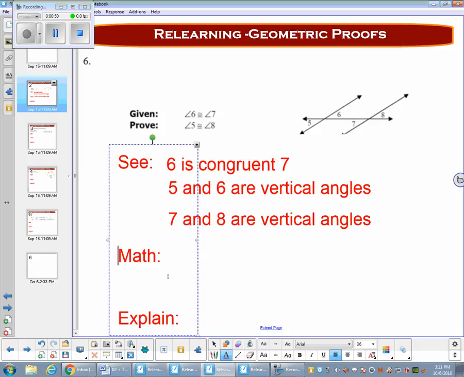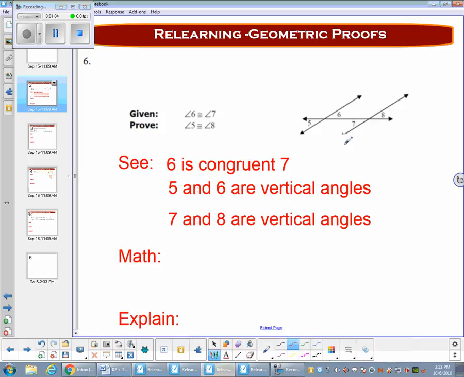So now, if I want to look at some math, let's think about this. Well, I know 5 is congruent to 8. Or no, I don't know that. I know 6 is congruent to 7. And I know 7 and 8 are congruent. And I know 6 and 5 are congruent. So they all have to be the same thing. And all these other angles have to be 1 minus it.